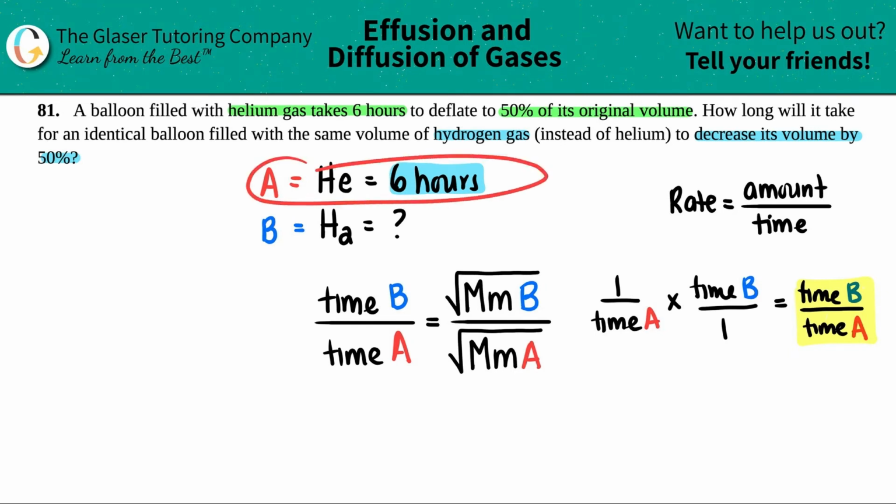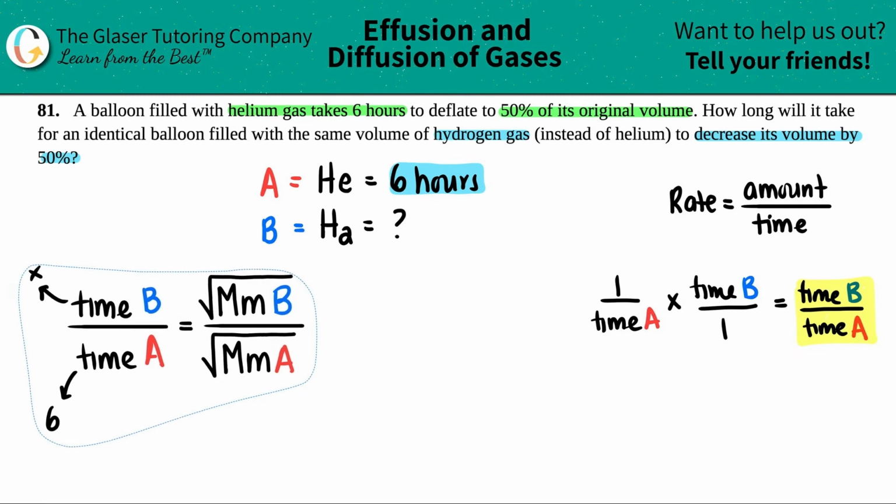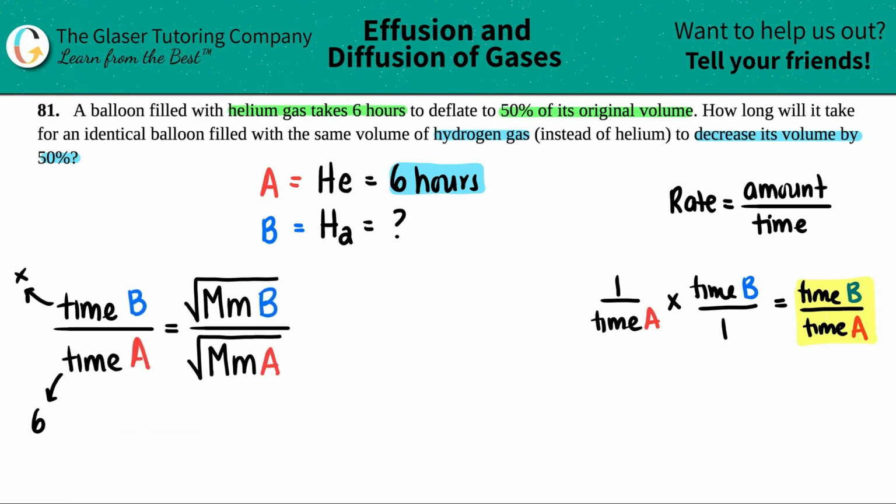And now, here we go. We said that A was 6 hours, so I know this number. This is 6, and that's what we're solving for. We're solving for the time it takes for H2, so this would be X, right? And now the molar masses, remember, is going to be found on the periodic table. So maybe if I just bring this over here, and now I'm just going to do the math.